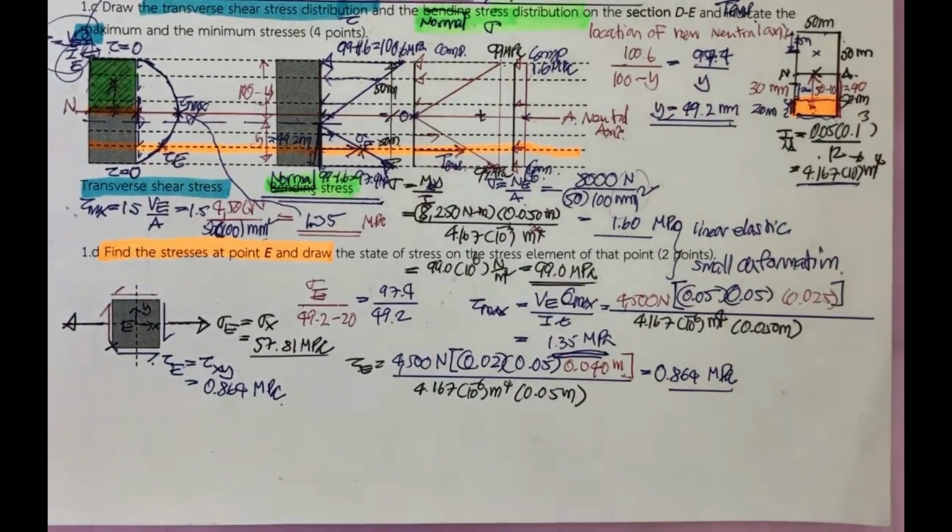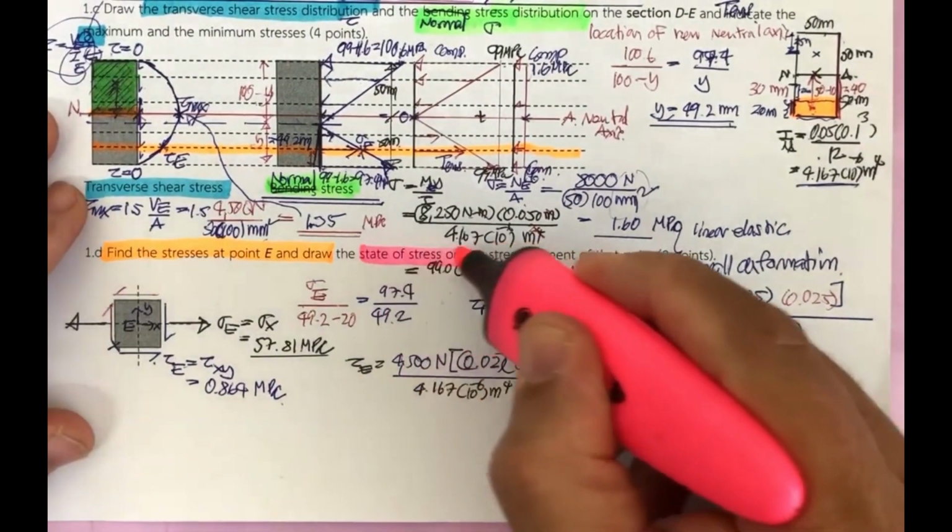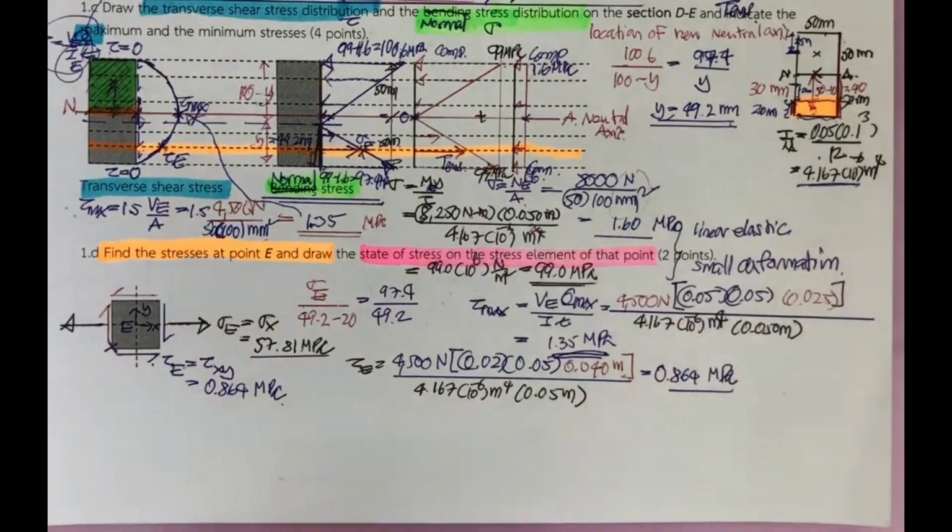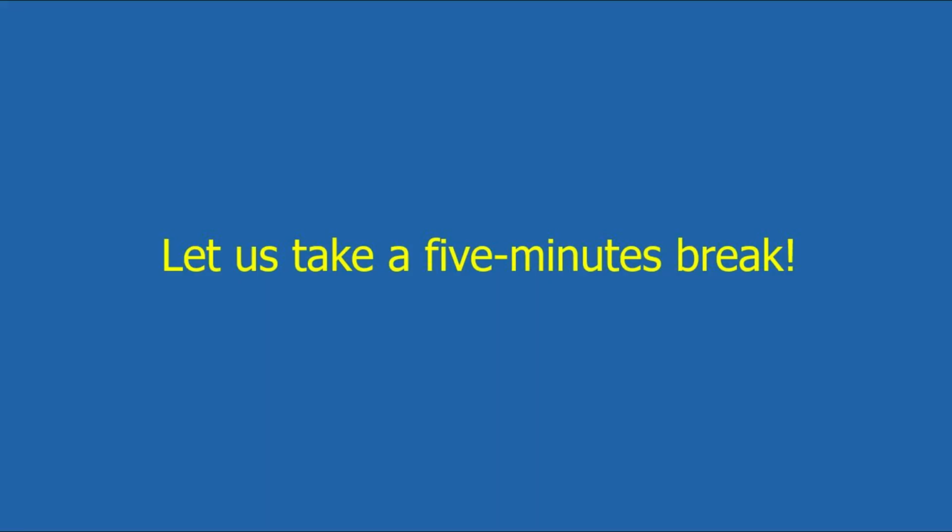The stress element is always the question that we are looking for, because after this we will use the knowledge of stress transformation to determine the principal stress, to determine the maximum shear stress. Okay, let me finish this problem here.